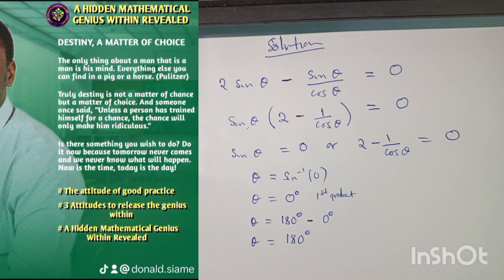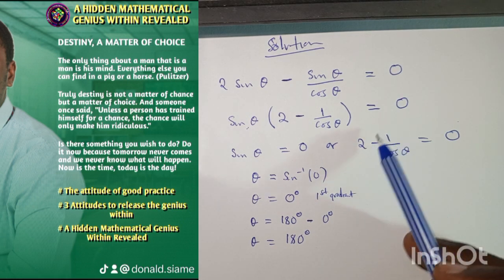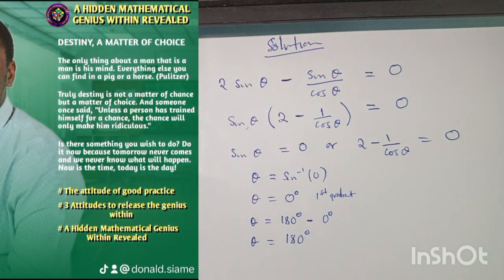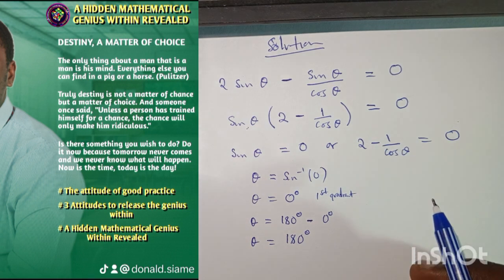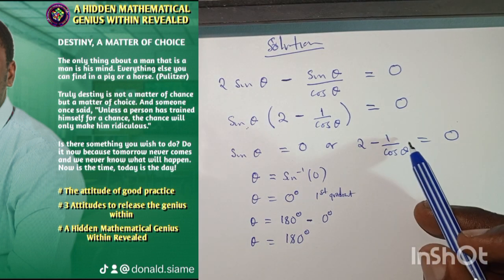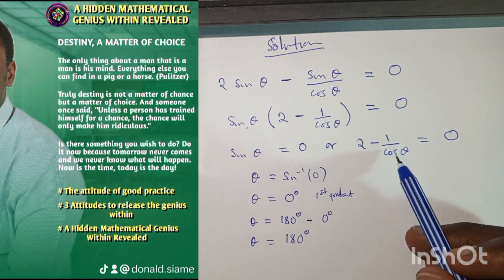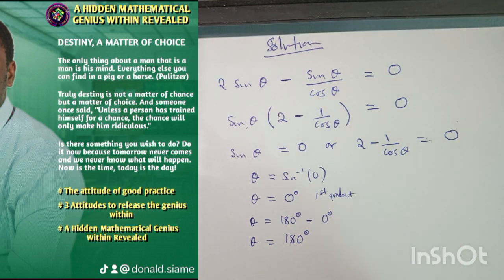What we do here, we can get rid of minus 1 over cos theta. The opposite of minus 1 over cos theta is plus 1 over cos theta. If you add 1 over cos theta here, it will cancel out minus 1 over cos theta, so we are going to remain with just 2.